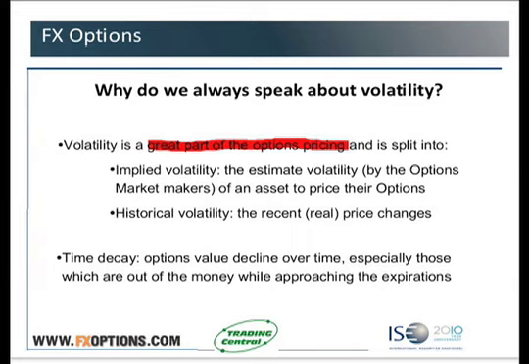As I said in the previous slide, you have the intrinsic value, the difference between the strike and the last price of the underlying, and the value the market maker estimates is the most appropriate for the time remaining of the option.